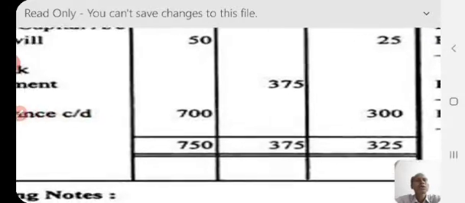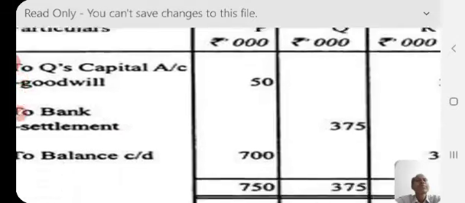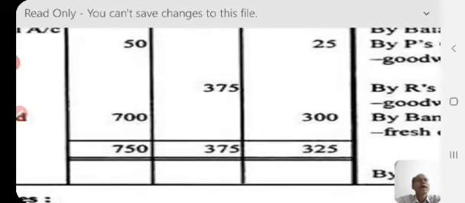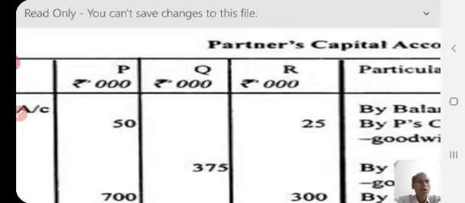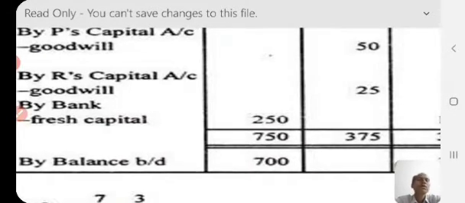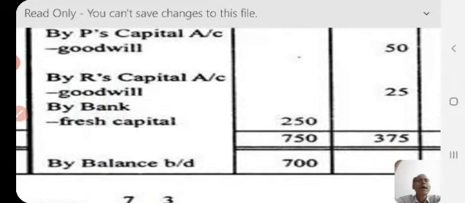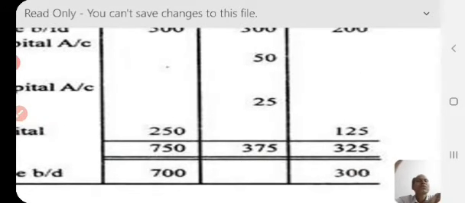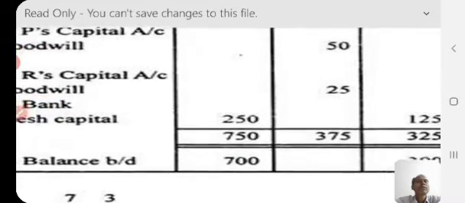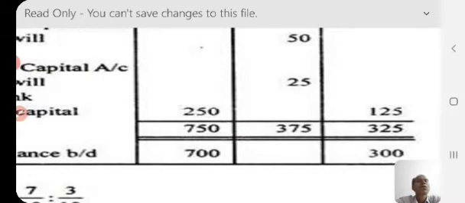The balance should be 700 for P and 300 for R. So these two partners should bring fresh capital of 250 and 125.